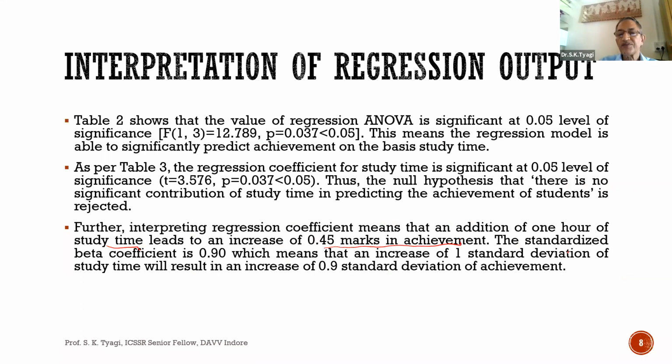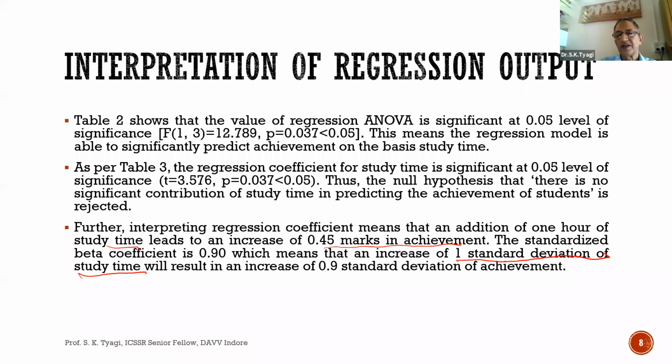Now, what is the meaning of standardized beta coefficient? The standardized beta coefficient is 0.9, which means that an increase of 1 standard deviation of study time. Now it is in terms of standard deviation.